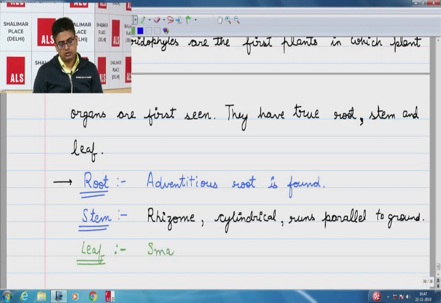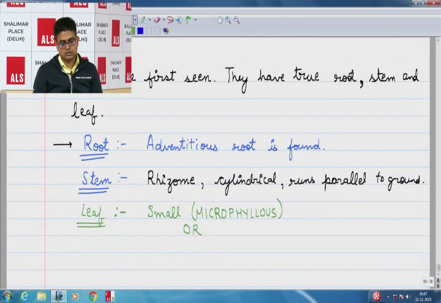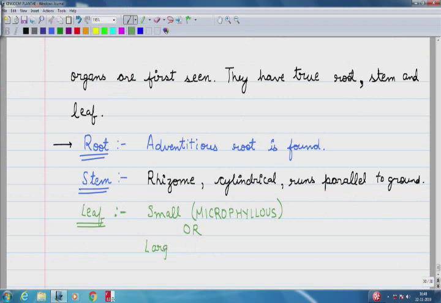Small leaves are called microphyllous, or large leaves called macrophyllous.